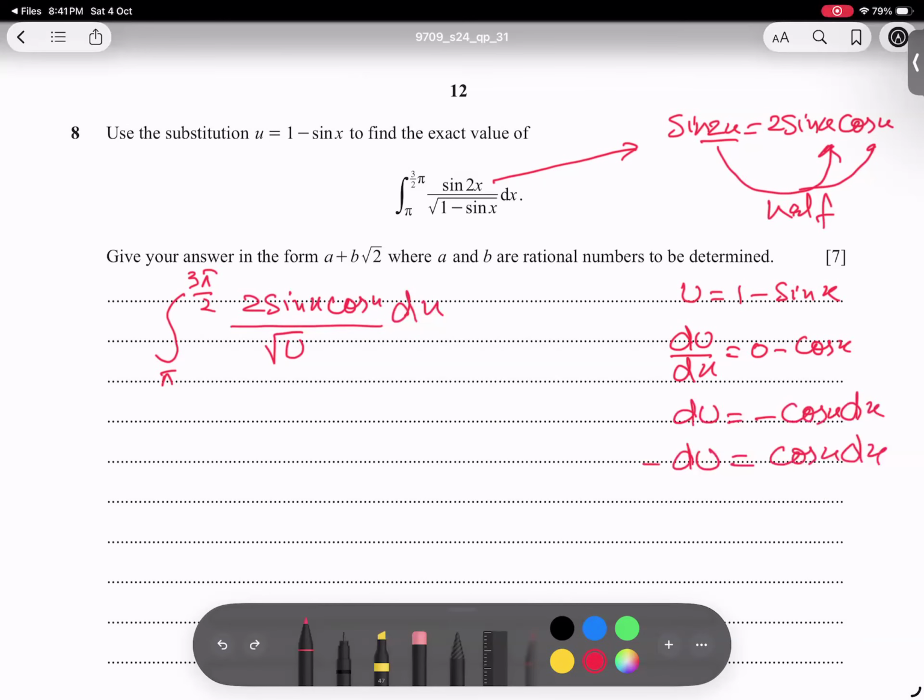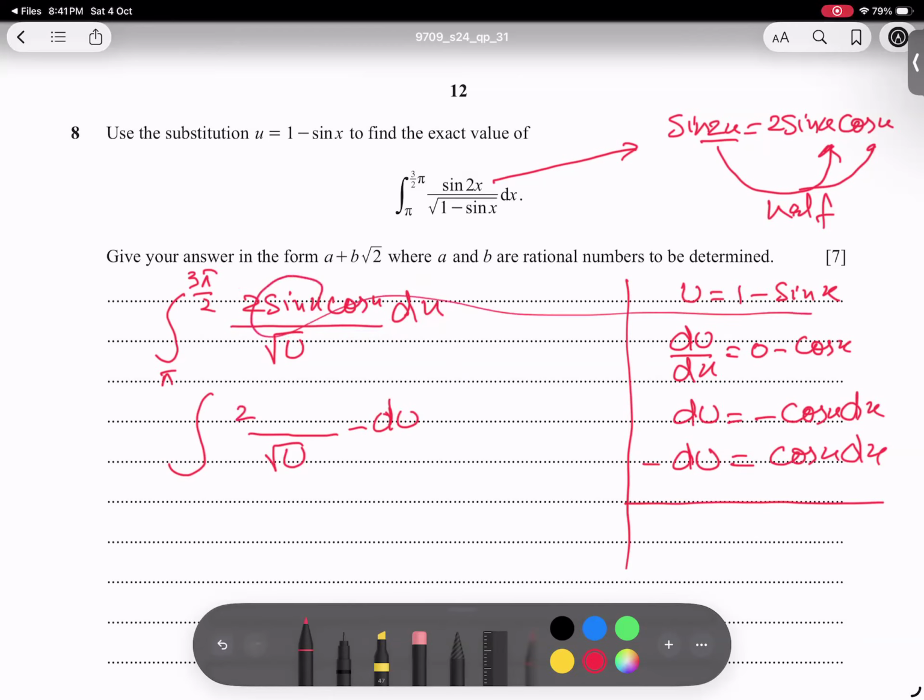Okay, but what is the only issue left behind? These two things can be replaced by negative du, which I am doing now. Negative du, and in the denominator I am writing root of u. So the only thing left is how to deal with sin x and the 2. The 2 I'm not shifting anywhere.